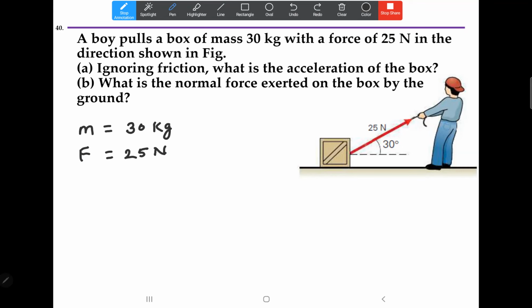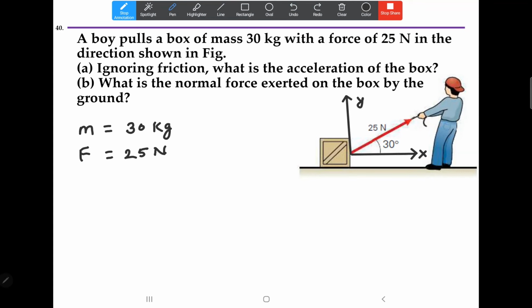Whenever the force is making a certain angle with the positive x-axis, we can split this vector into its components. So this is the y-axis and this is the x-axis.